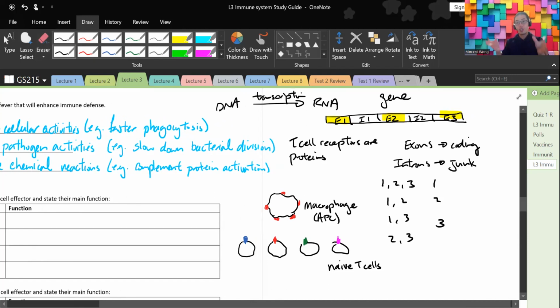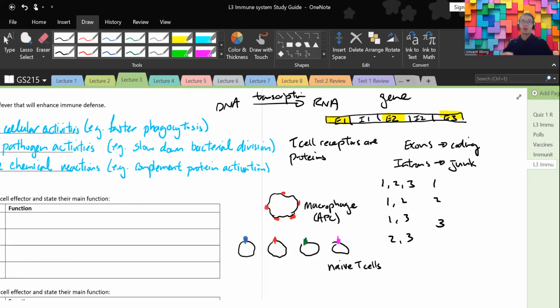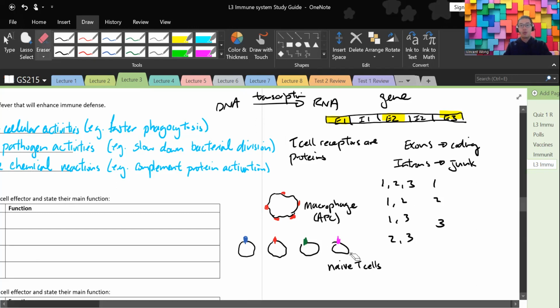It turns out the genes dedicated for T cell receptors have hundreds of exons. So by combining these different exons, you can create a different receptor every time you make one. In your thymus at any given time, you will have a population of T cells, certainly more than 4.